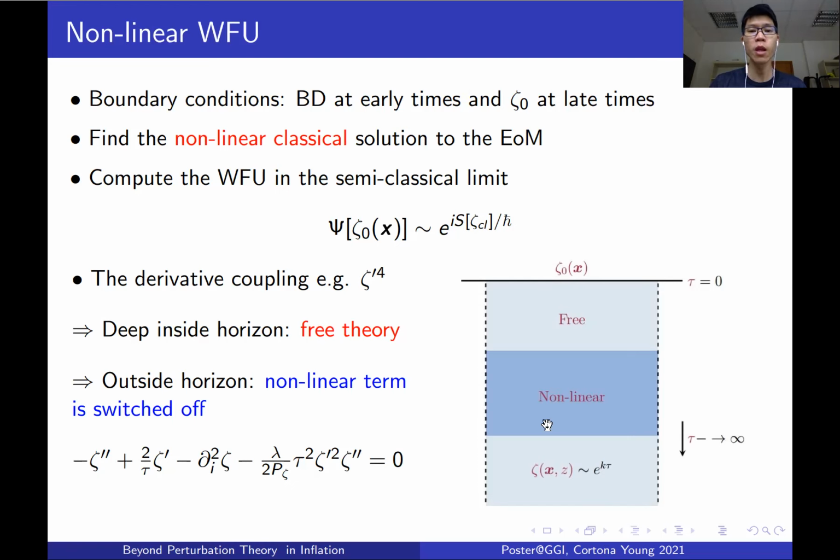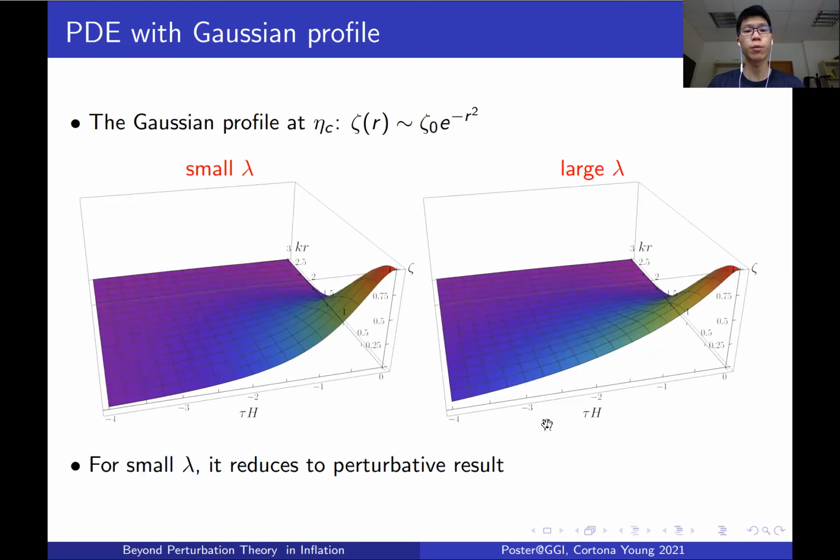Here we choose the Gaussian profile at late times because it has something to do with primordial black hole formation, since usually people assume a spherically symmetric configuration at late times in order to produce the primordial black hole. This is a solution for small lambda, and this is a solution for large lambda.